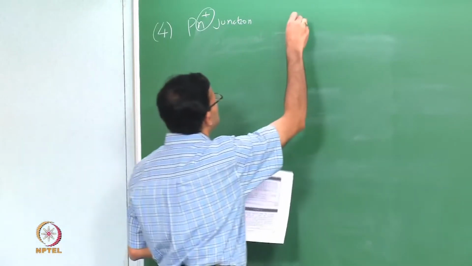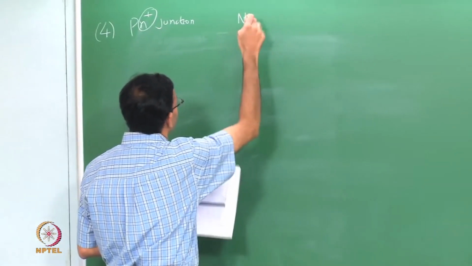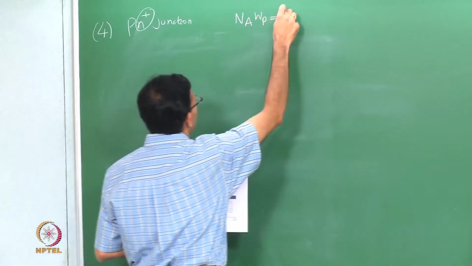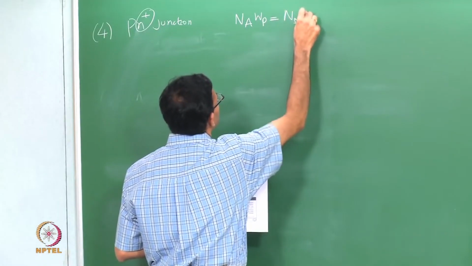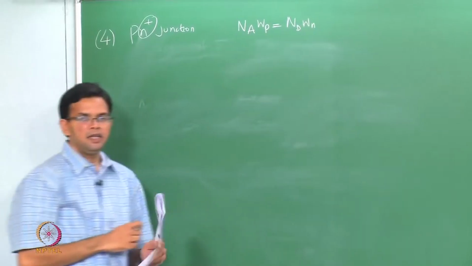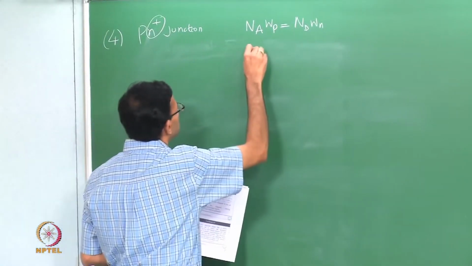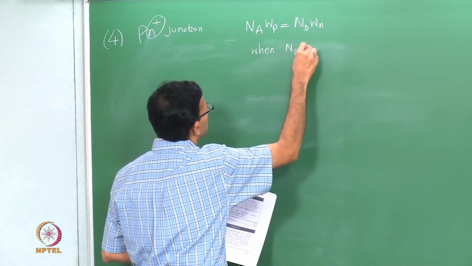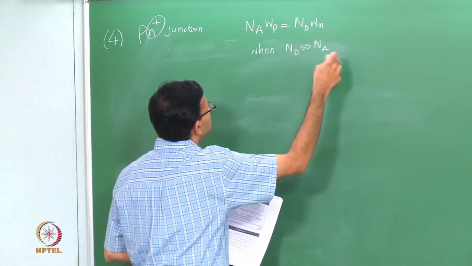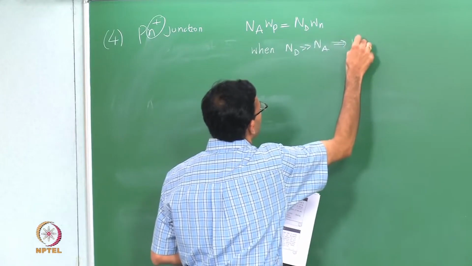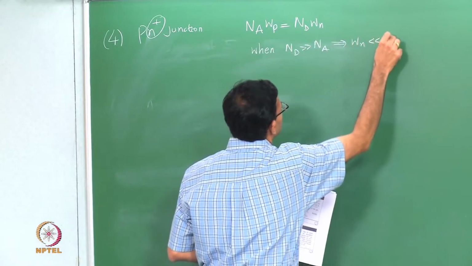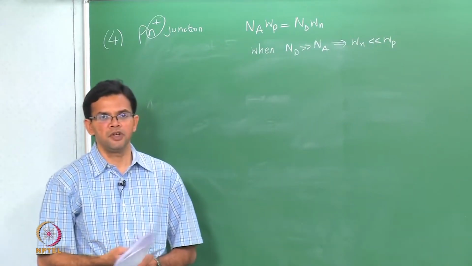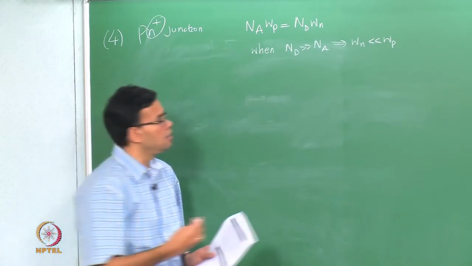One way to see that is to go back to this equation. NaWp is equal to NdWn. So, when Nd is much greater than Na, this implies Wn is much smaller than Wp, so that the depletion width is almost entirely on the P side.